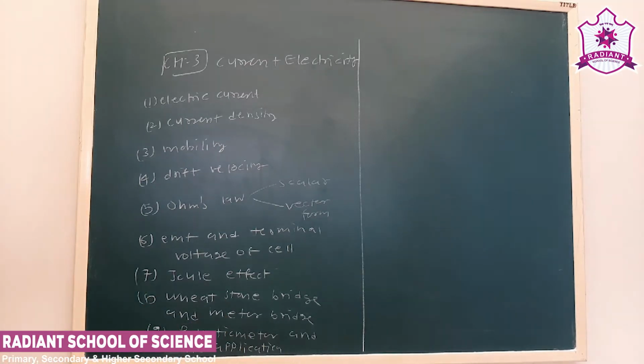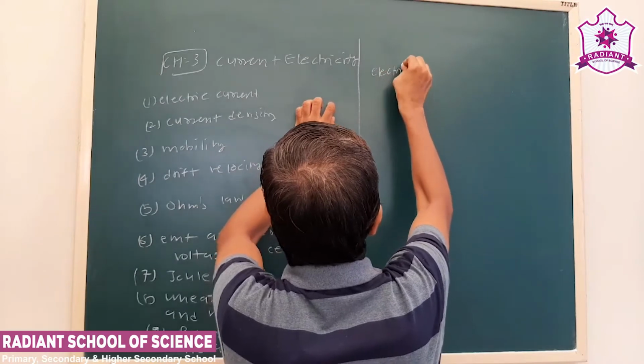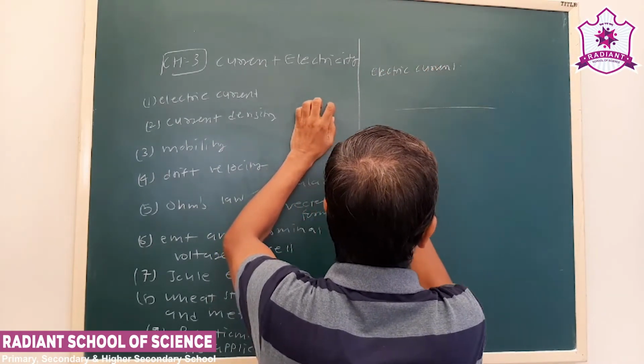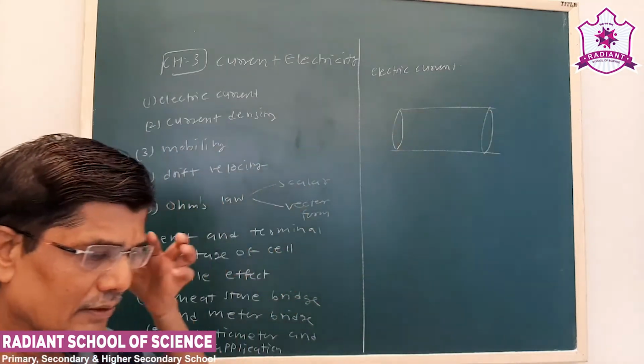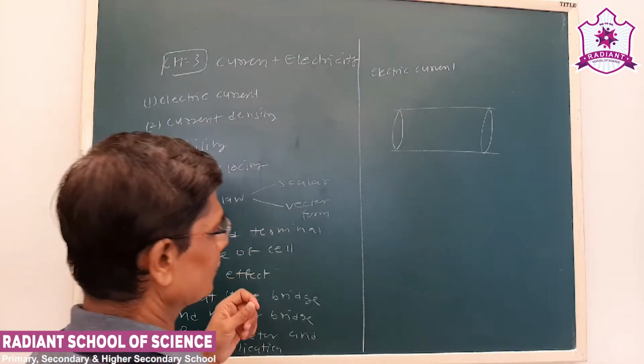Okay, now we start with the electric current. Now consider the cross section of a conductor. We know metals are good conductors of electricity. Now see the structure of a metal also.